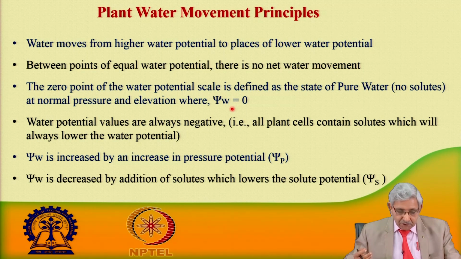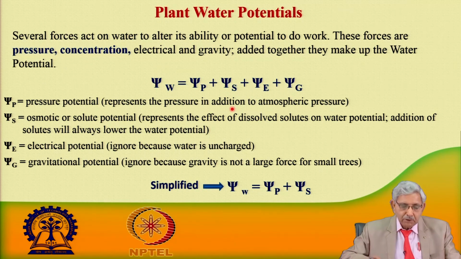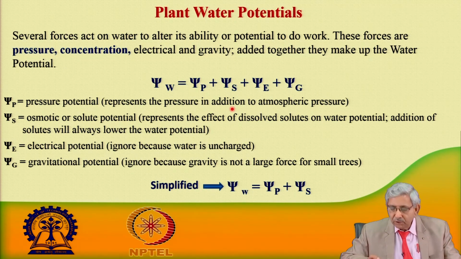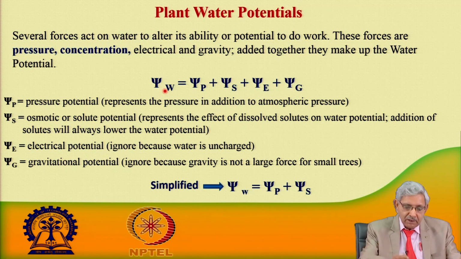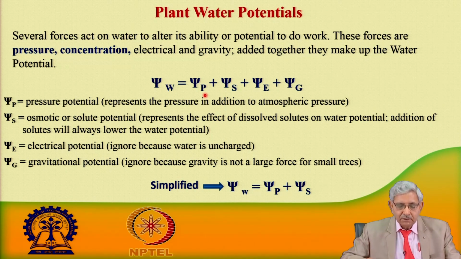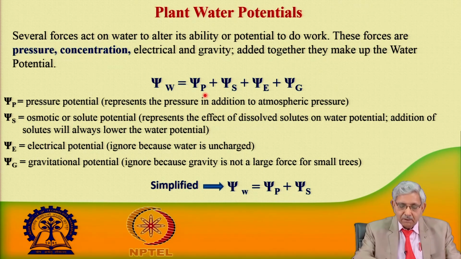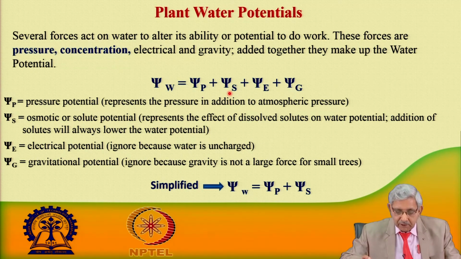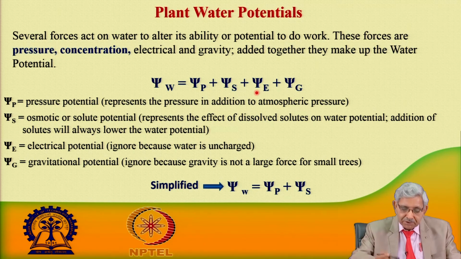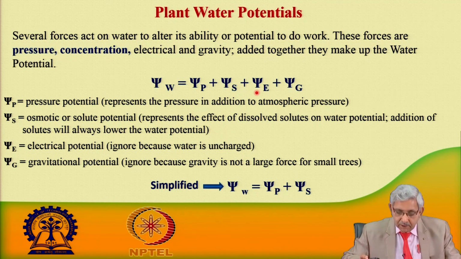So, psi w increases with an increase in pressure potential, and decreases by the addition of solutes, which lowers the solute potential. The total water potential is given by the pressure potential plus the osmotic or solute potential, plus the electrical potential, plus the gravitational potential.